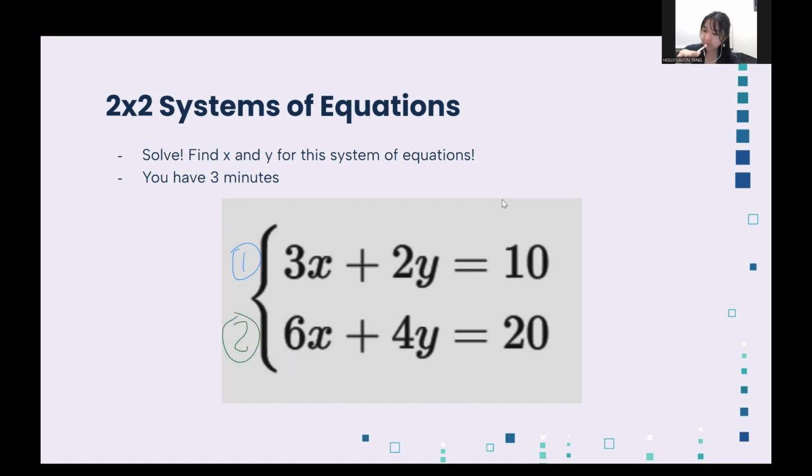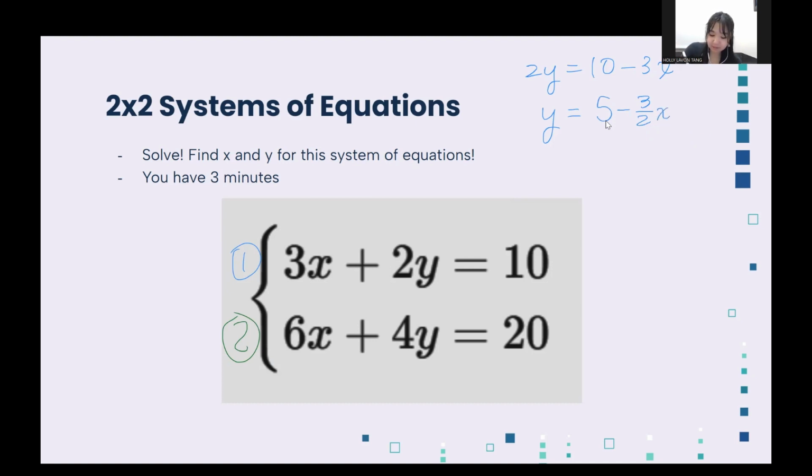I simplified and got the y variable for the first equation. Yeah, I did too. So you went 2y is equal to 10 minus 3x, and then divided both sides by 2. Is that what you guys got? Yes.